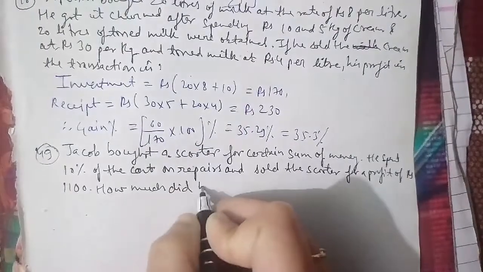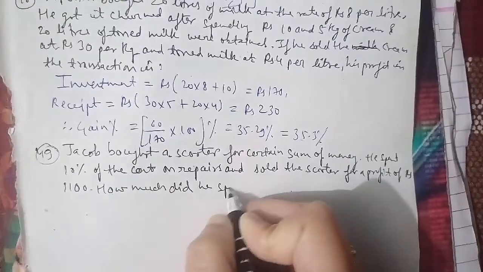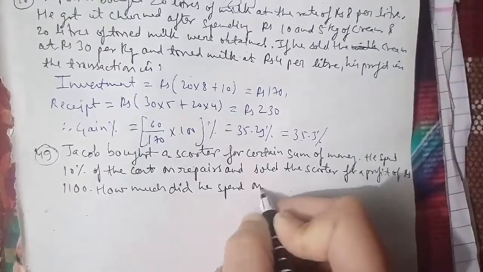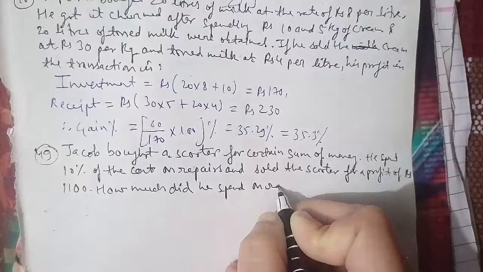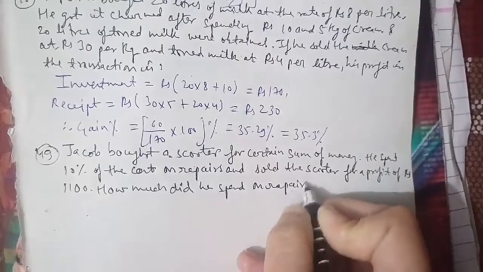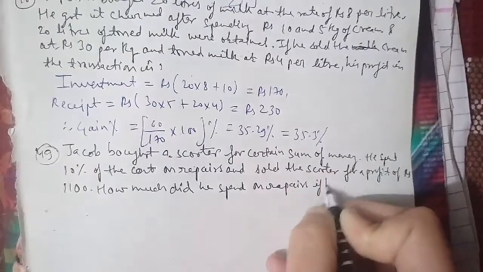That has been asked in the assistant grade question paper, and the options, as I told you, are 400, 440, 500 and 550. So we go ahead with the same.